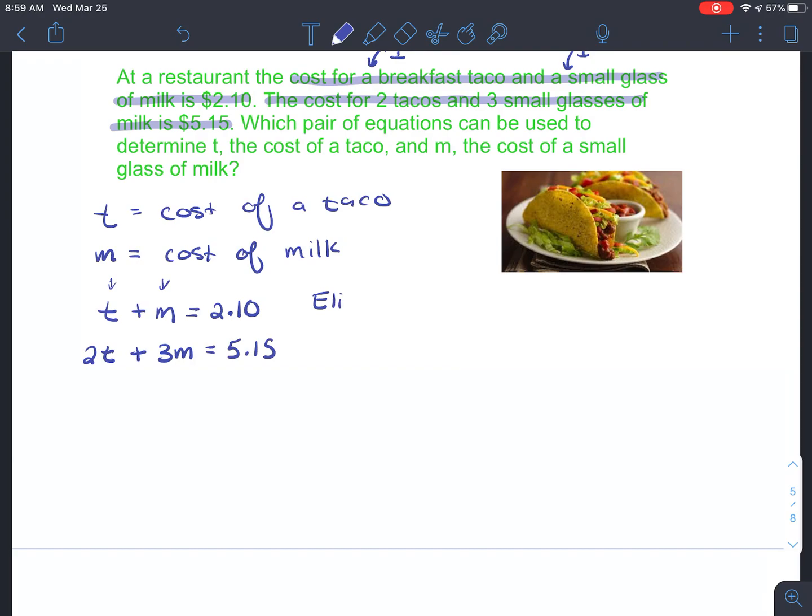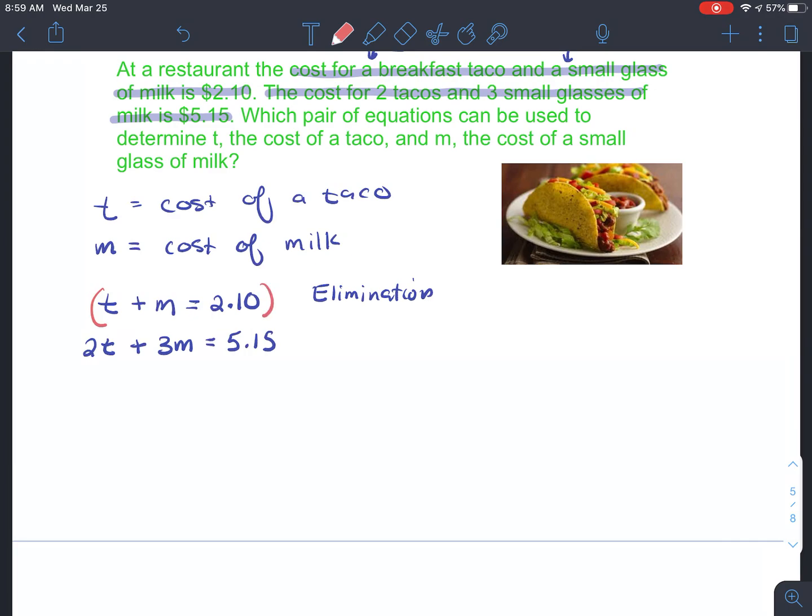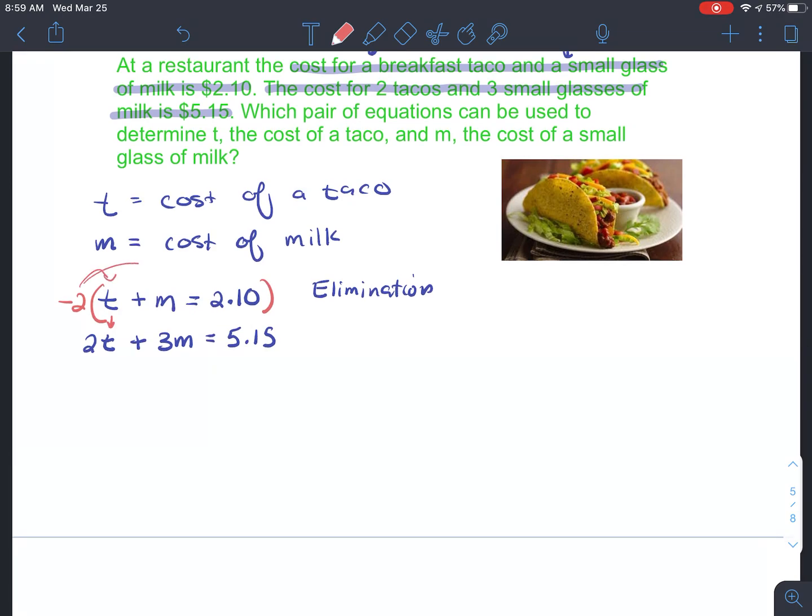Okay, so now given these two equations, we're going to pick a method of solving. Now, because it's in the format where everything is lined up, I'm going to lean towards elimination. Okay, I'm going to try and eliminate one of my variables by multiplying this first equation by a -2. Now, why am I choosing -2? Well, because I'm going to try to cancel out this 2t.